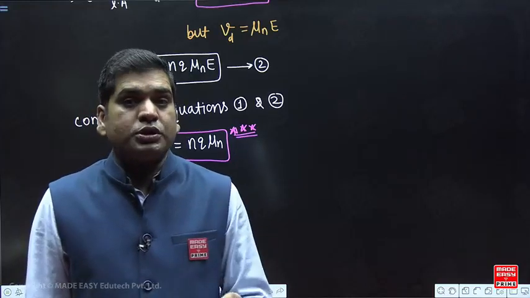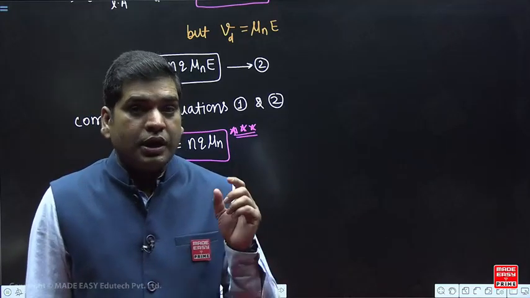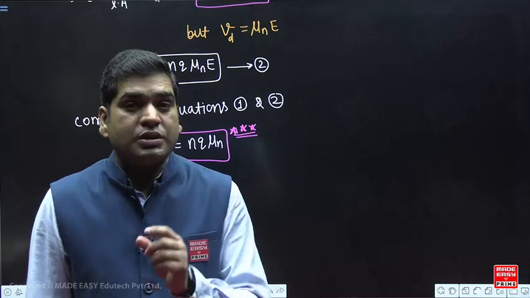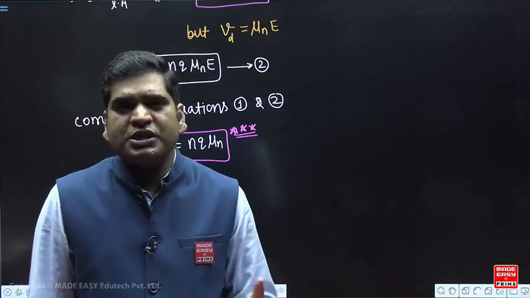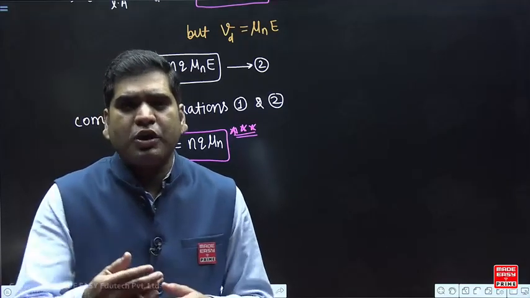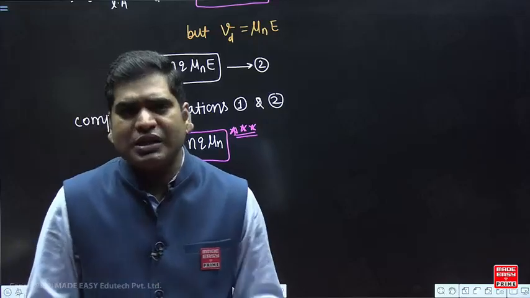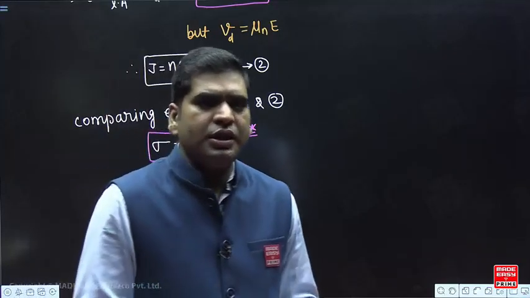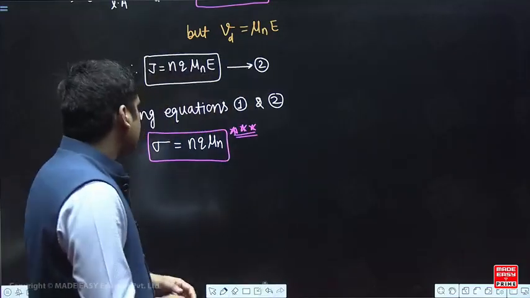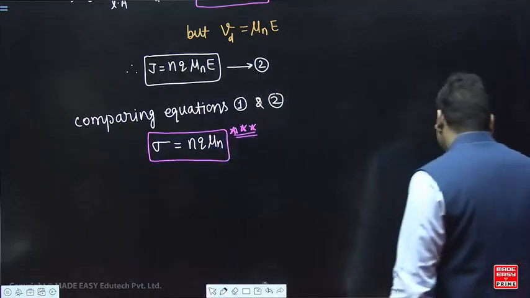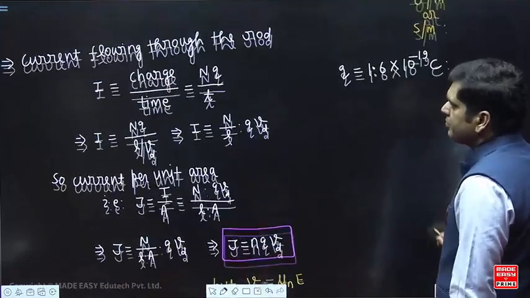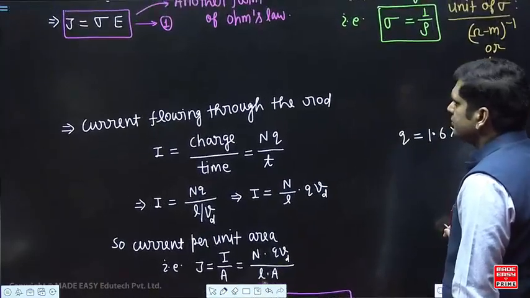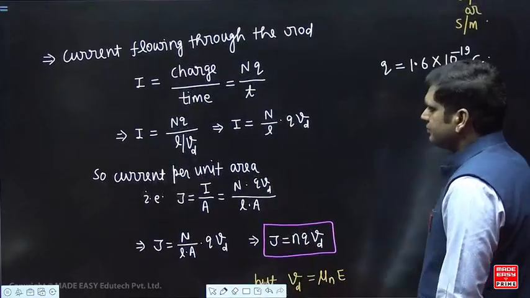You should know both things: electron concentration as well as mobility of electron. Mobility denotes just the drift velocity of the electron, how quickly the electron is moving. So first you write this, then we will discuss a few more things related to this from here onwards.